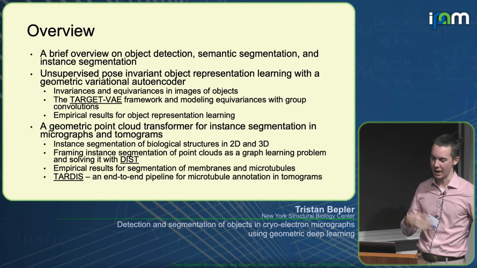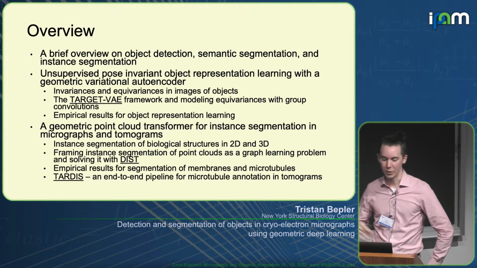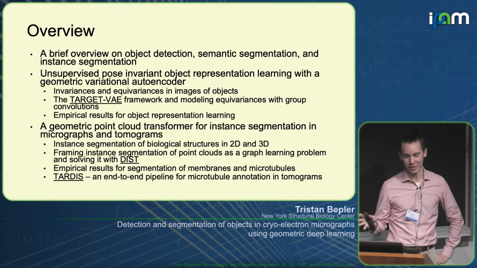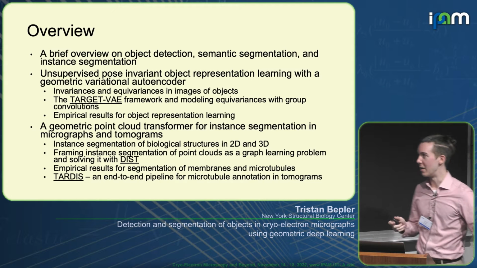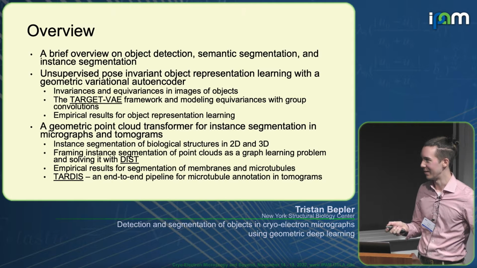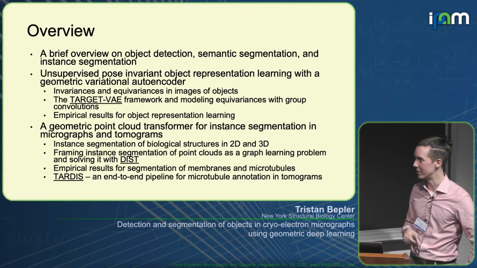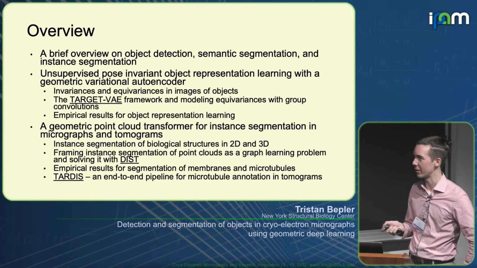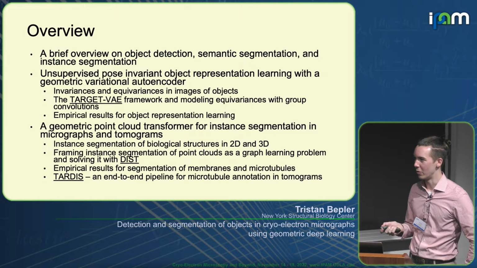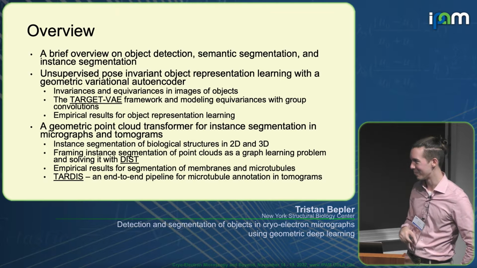The first is looking at how we can use pose invariant neural networks to do unsupervised learning on objects that have different poses and locations in images. How can we make a network that learns content vectors that are invariant to pose, and simultaneously does inference on that pose in an equivariant way?